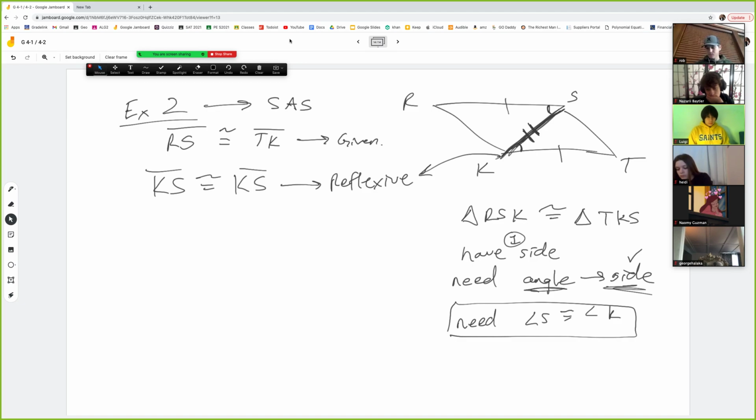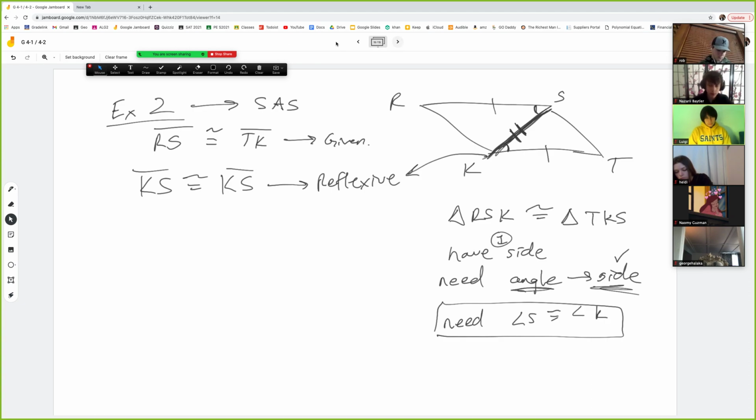All right? So, in the quick check, they give you two sides are congruent. Two of the sides are congruent. All right.